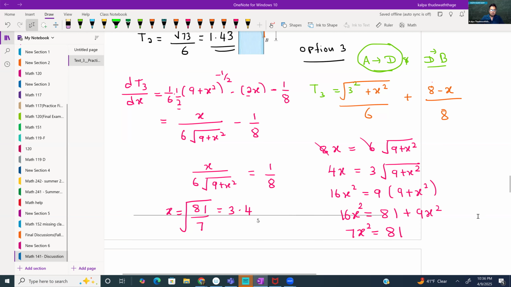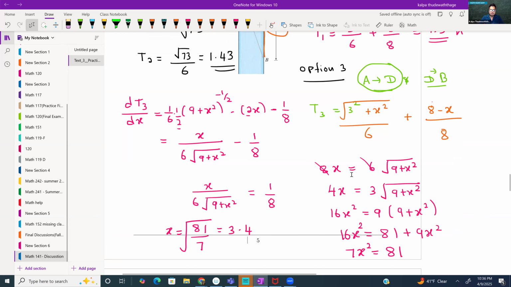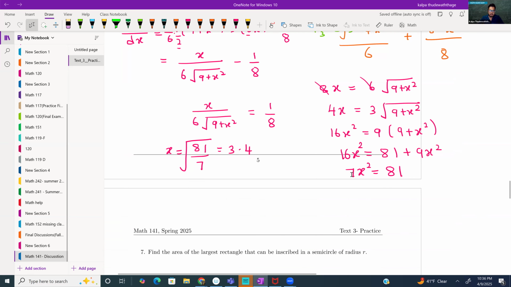You want to show that T will be minimum at that point, because you want to minimize the time. So you can plug in values around this x value of 3.4, something like 3.5, maybe 4 and 3, for example.